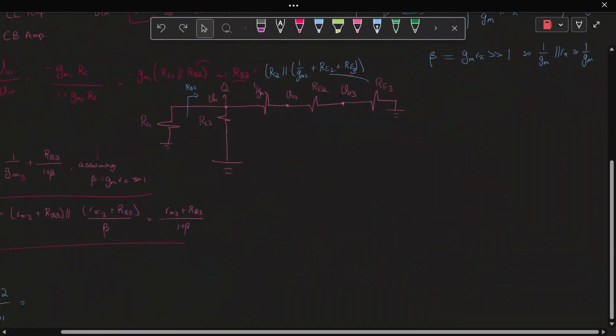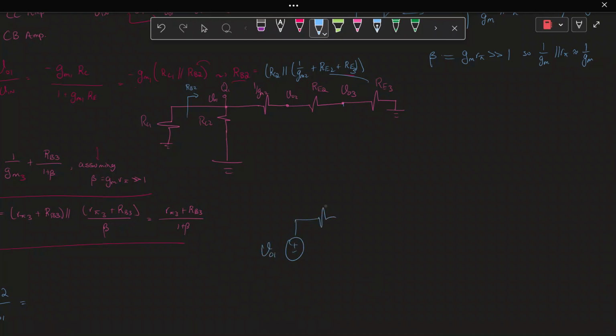So we can actually redraw this. It might be a little easier for you to see like this. This is VO1. This is 1 over GM2. And then what do we have here? VO2. And then we have these two resistors, RE2 and RE3.